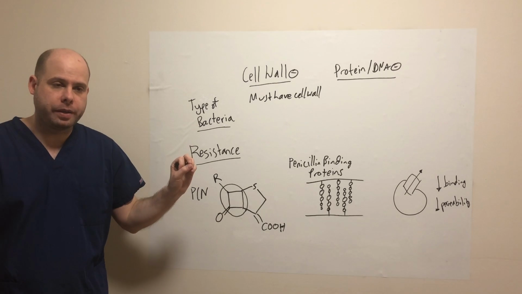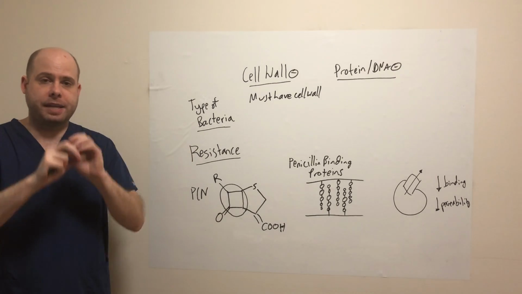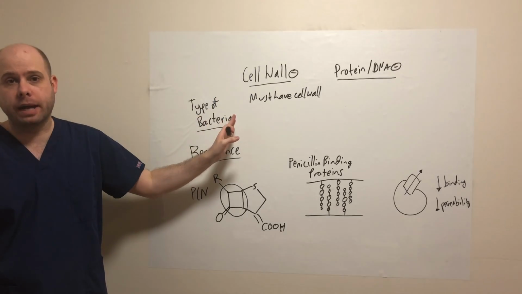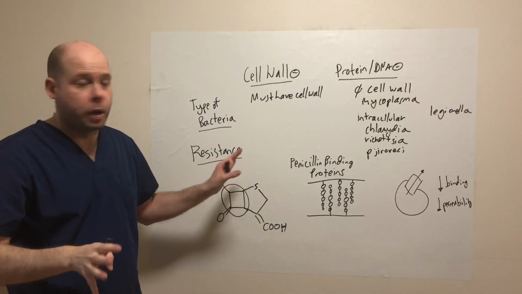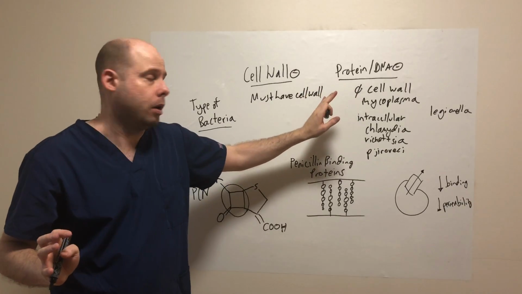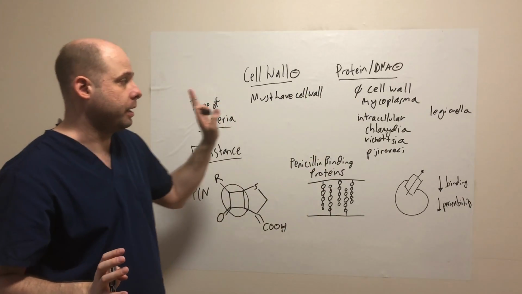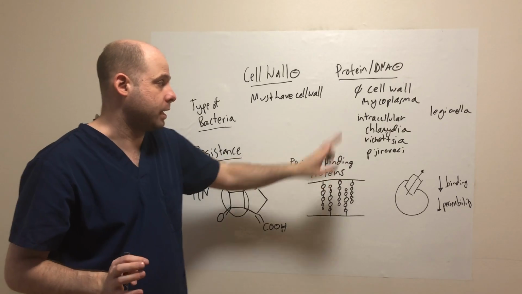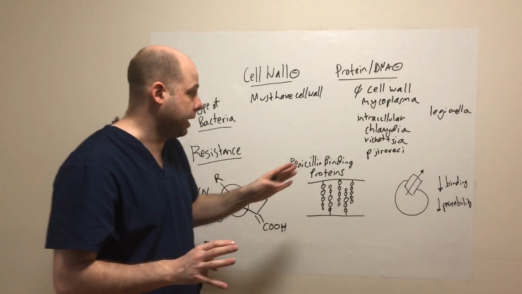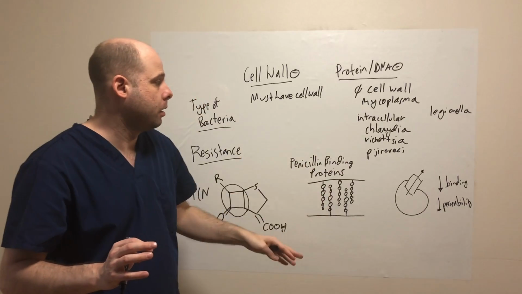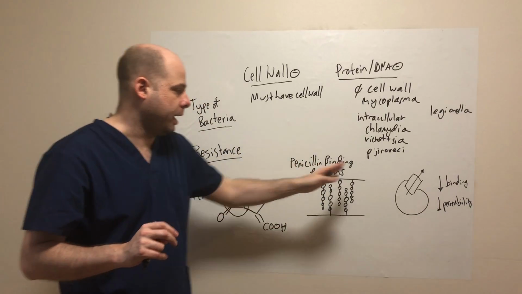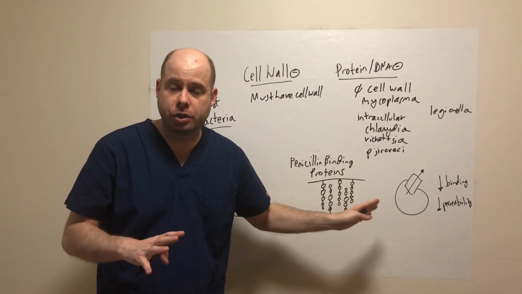So bacteria that are obligate intracellular, which means they have to be inside human cells, typically cell wall inhibitors are not so effective against them. So what kind of bacteria do we have here? Mycoplasma does not have a cell wall, so cell wall inhibitors are typically ineffective against mycoplasma. Some bacteria that are obligate intracellular include chlamydia, rickettsia, which is the cause of Rocky Mountain spotted fever, and P. jirovecii, Pneumocystis jirovecii.